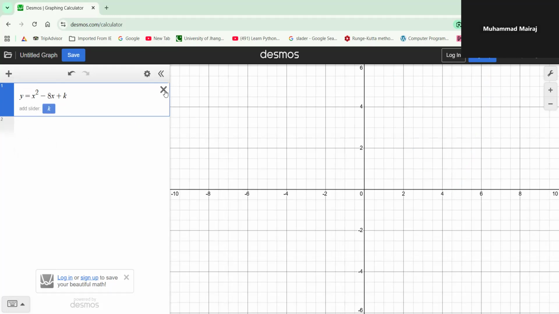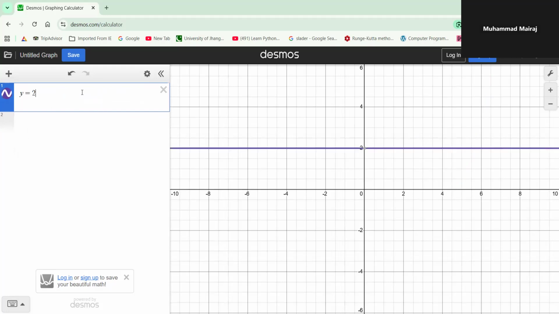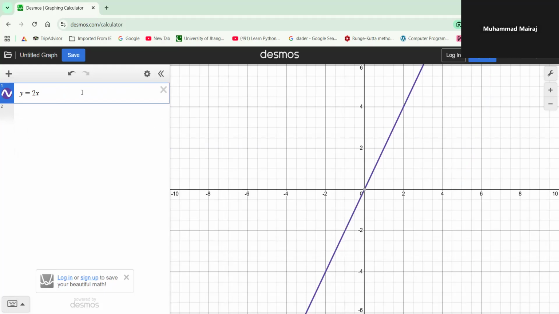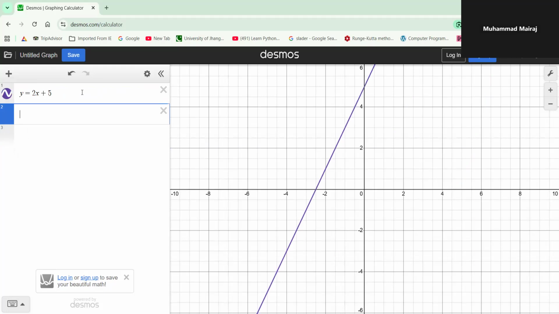Now let's move towards another problem, which is a system of equations. Let's say we have a system of equations. We enter both of the equations in Desmos, so y equal to 2x plus 5. That is equation number one.